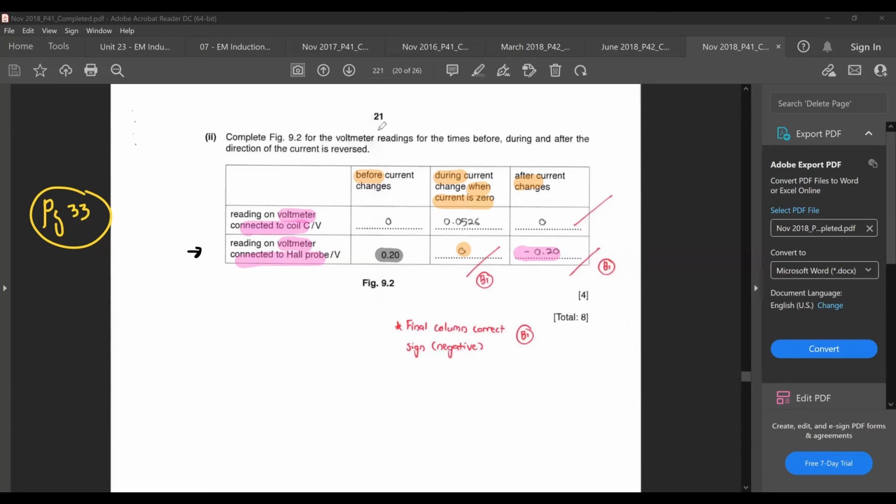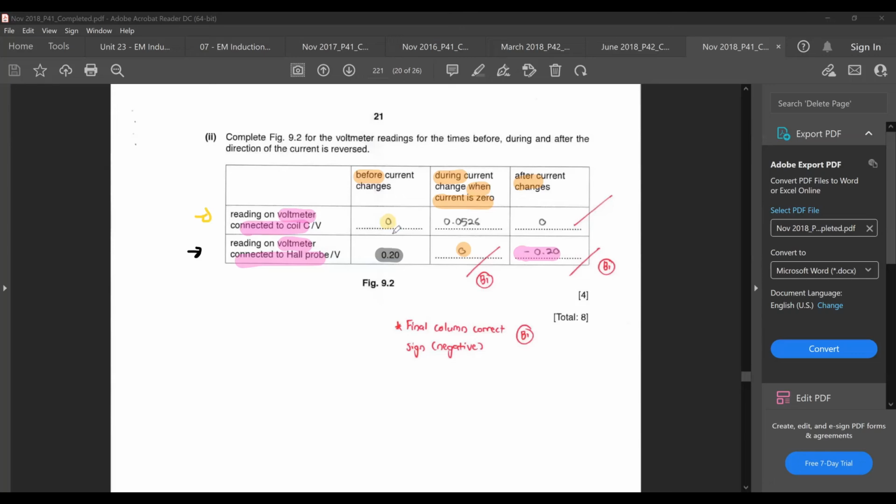All right. Then you look at the first line, the one for voltmeter connected to coil C. Now, before your current change, you don't have any change in flux linkage yet. So your voltmeter reading is going to be 0 because no EMF induced.